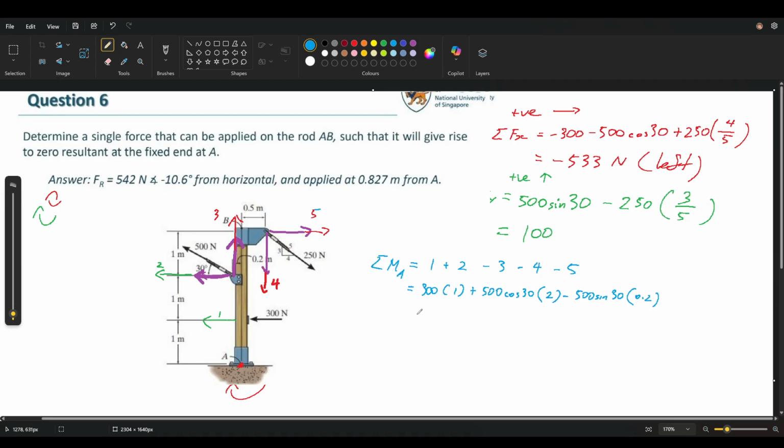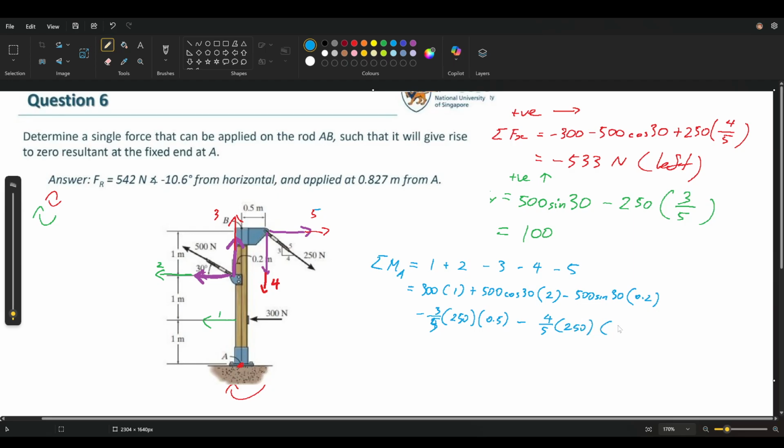Minus, let's look at our 4. It is 3 over 5, 250. What's the distance? We have 0.5. And then minus our last one, which is 4 over 5, 250.